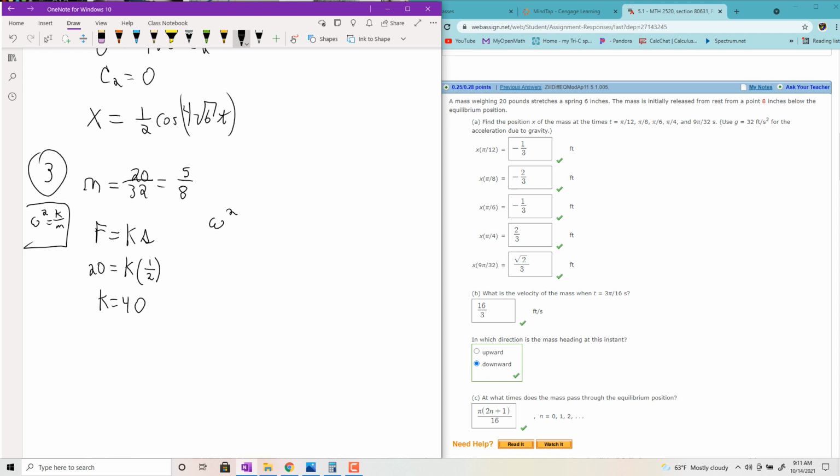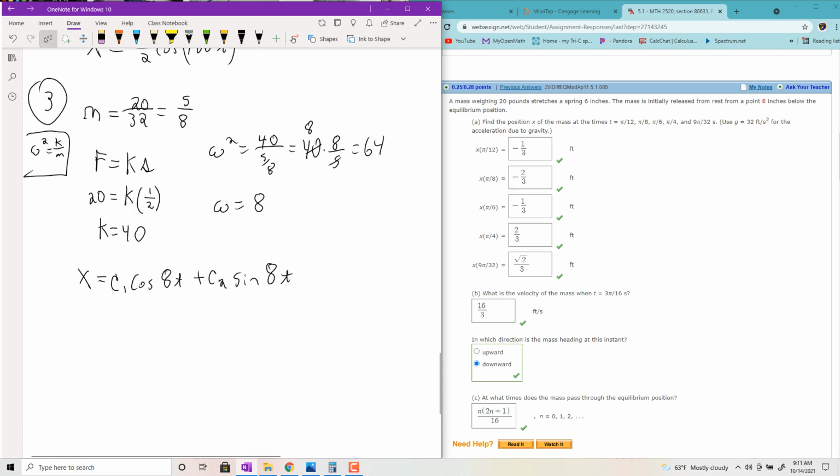So omega squared is going to be 40 all over 5 over 8, multiplied by reciprocal, so 8 over 5. 5 goes into 40 eight times, so it looks like it's going to be 64. So omega is just going to be 8. And for our equation of motion, x equals c1 cosine of 8t plus c2 sine of 8t.